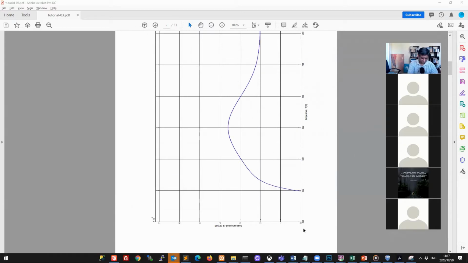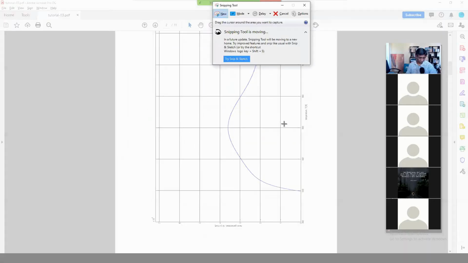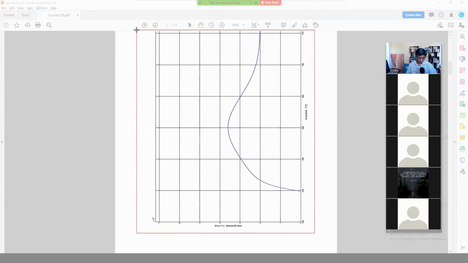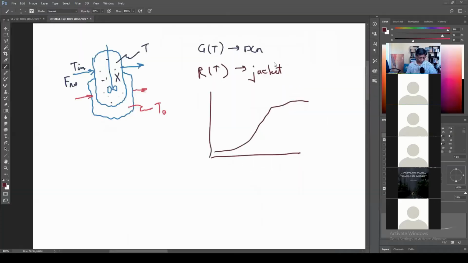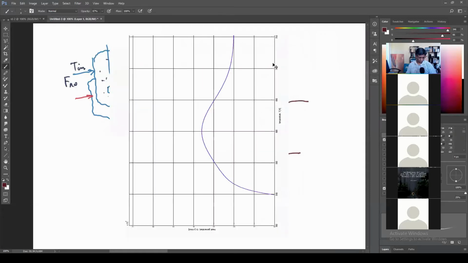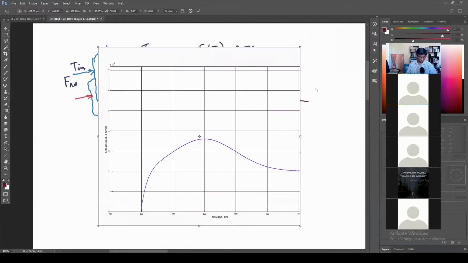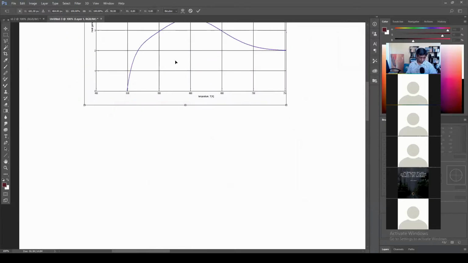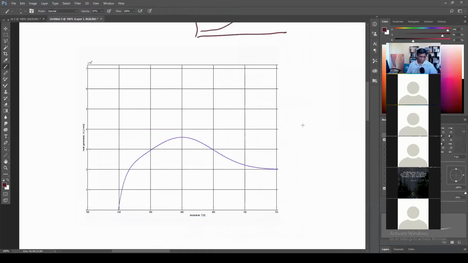I'm just going to use the snip tool. Okay, so that's the graph that's given to us in the question, and so this is G of T, right?